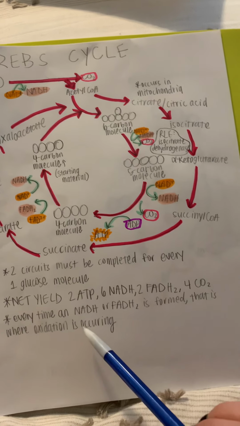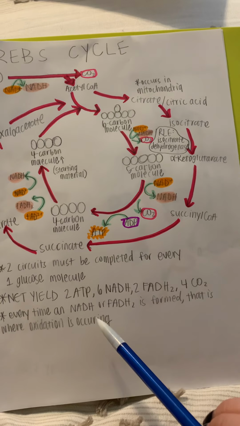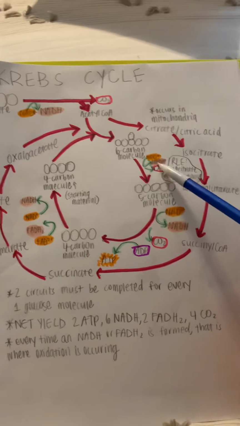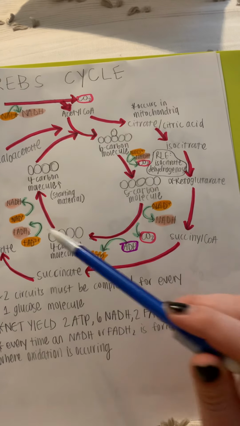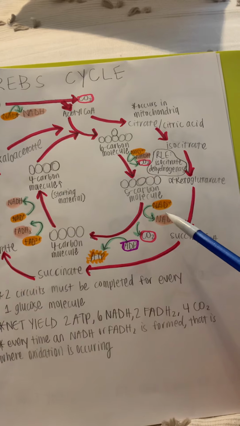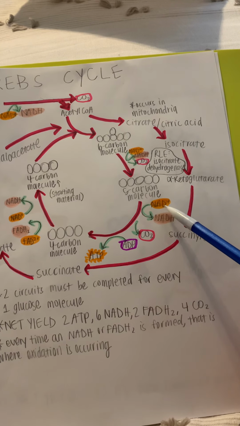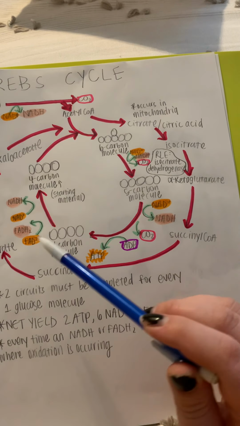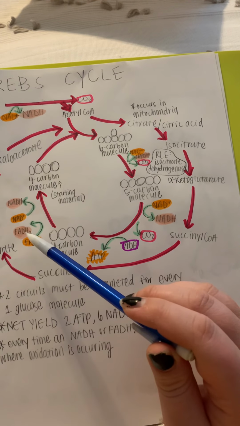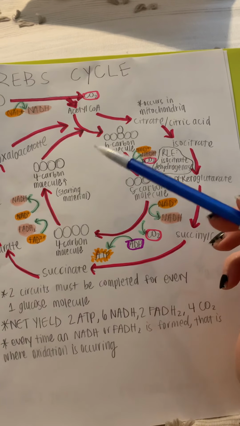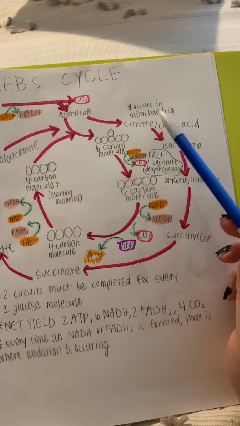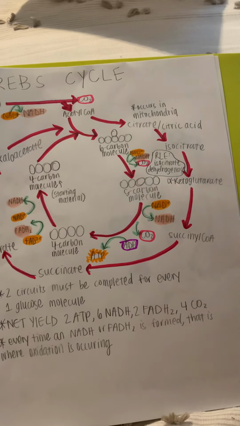And one other thing to note that I made a note of down here: it's important to pay attention to everywhere that you're taking NAD plus and converting it to NADH, or FAD and converting it to FADH2, because that is where oxidation is occurring. And one last thing, the Krebs cycle occurs in the mitochondria.